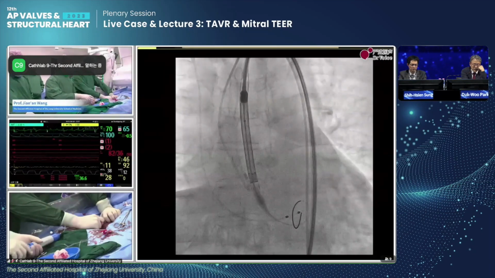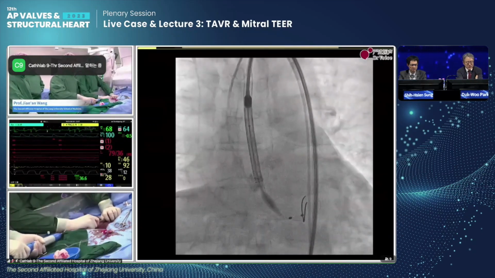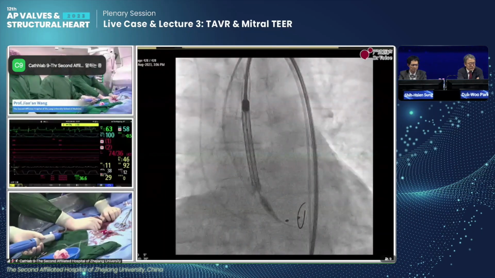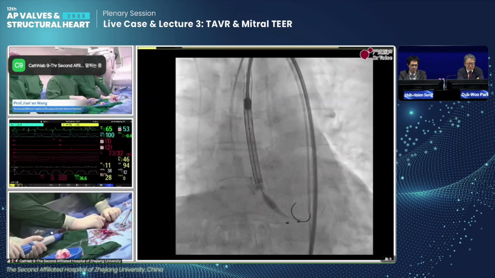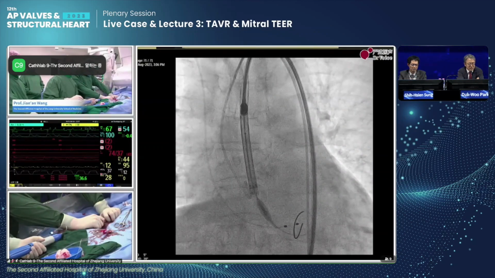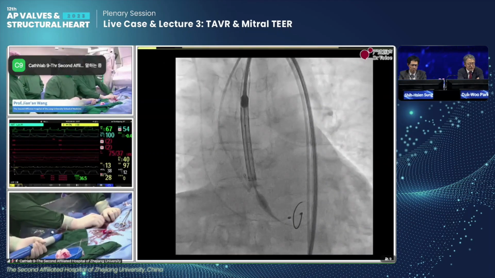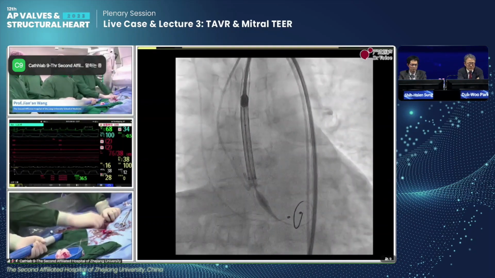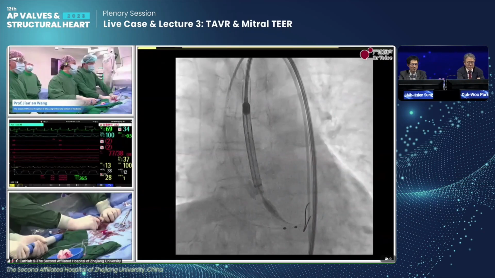Too deep? No, not yet. Good. Regularly we start releasing when the distal end of the device is in the middle of the pigtail. During the releasing process, regularly the device will dive a little bit, but different devices may perform differently.